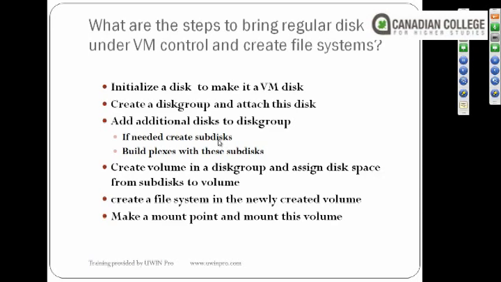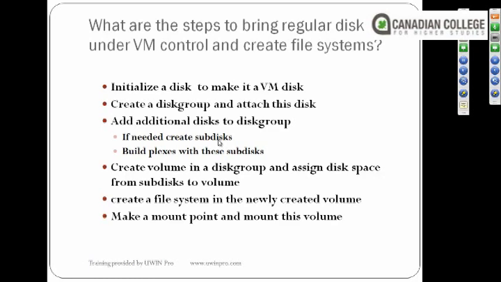We put the physical disks together into a logical disk, and then we create a subdisk out of that. So we are not actually taking it from the physical disk, but we are taking that subdisk from one physical disk.